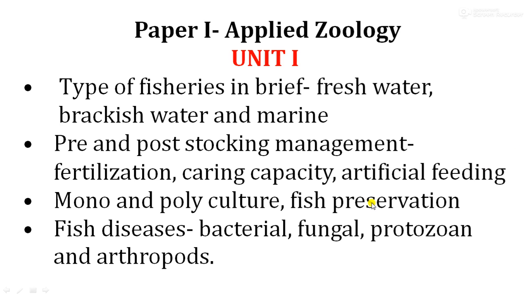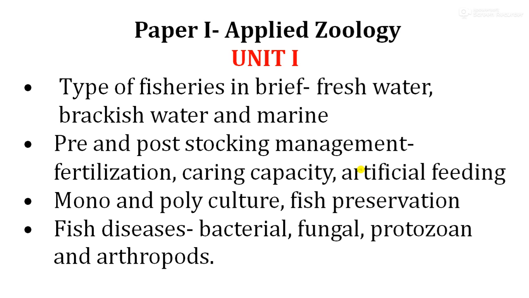This paper of Applied Zoology has 4 units. Unit 1 is on fisheries. In this unit, we have to study the types of fisheries: freshwater fisheries, brackish water fisheries and marine water fisheries.